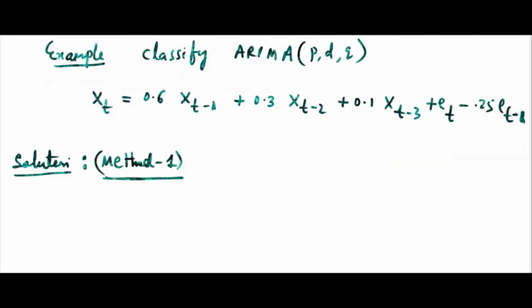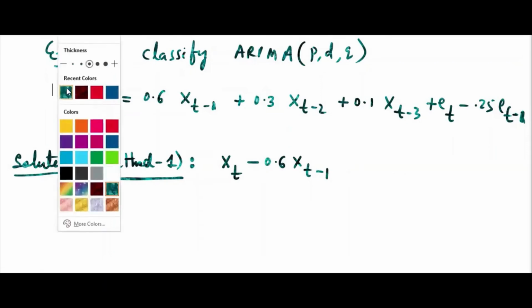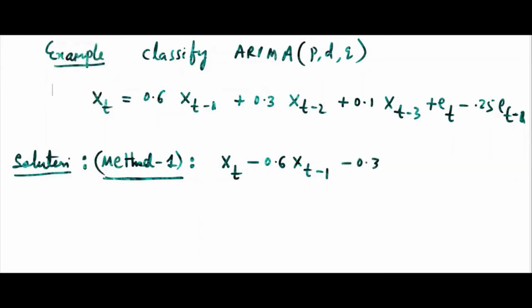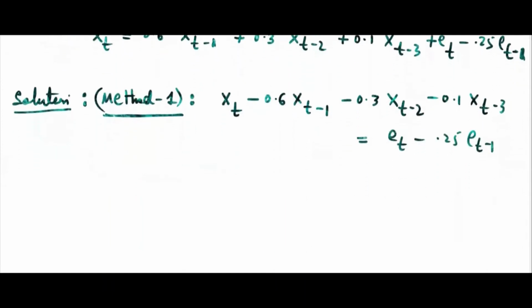You find all the 1 minus b factor here. How can you do that? You bring everything to the left hand side. 0.6 xt minus 1, plus, sorry, this is minus 0.3 xt minus 2 minus 0.1 xt minus 3, and keep these here, et minus 0.25 et minus 1, this one. Now this one will not make anything, we can write in the form of a polynomial. In the left hand side, you write using b, xt minus bxt, that is xt minus 1.